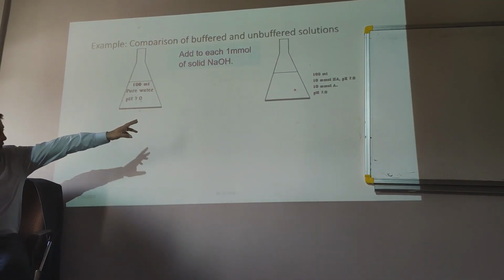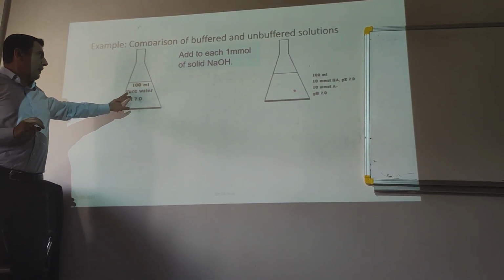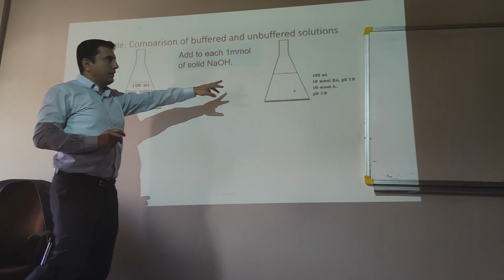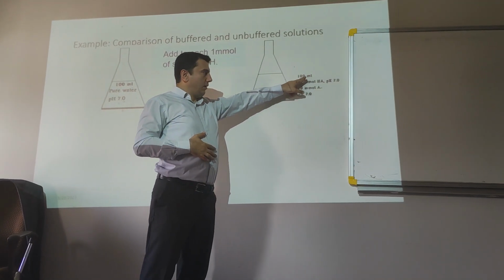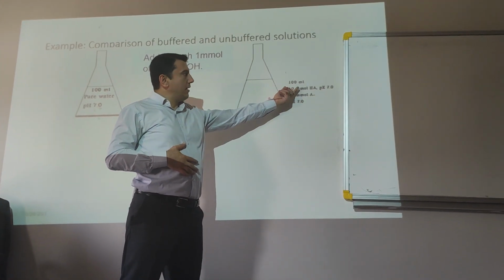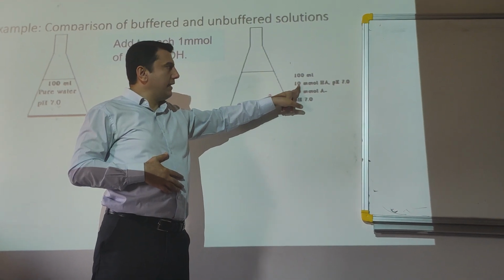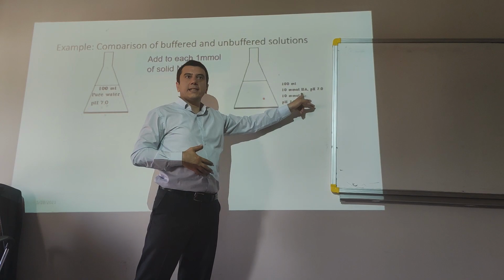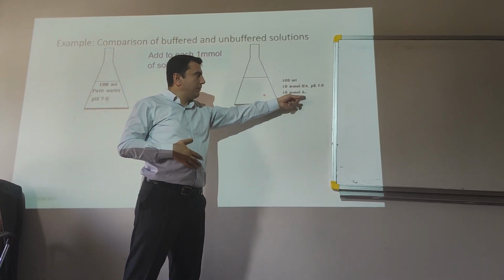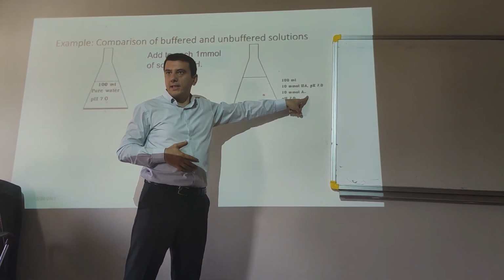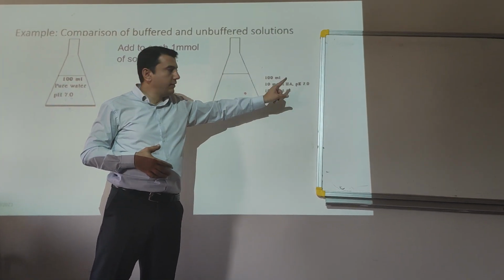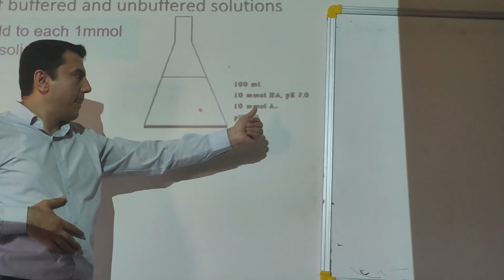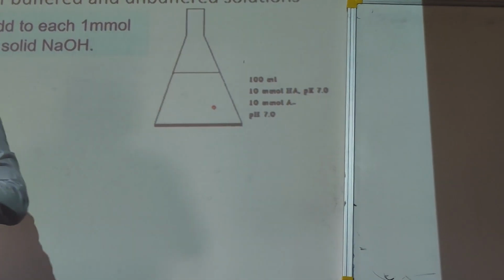The first one includes 100 ml of pure water, and the pH is 7. On the other hand, you have 100 milliliters of a buffer containing 10 millimole HA, which means acid, and 10 millimole A minus, which means base. The pK is 7 and the pH is 7.